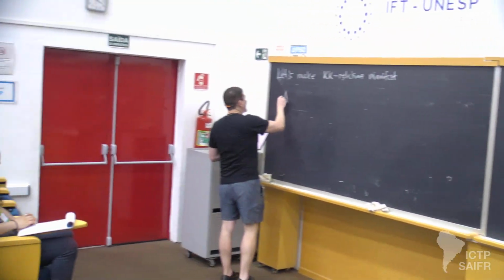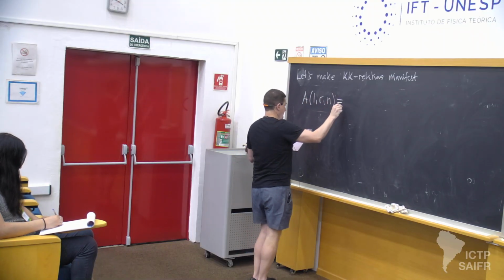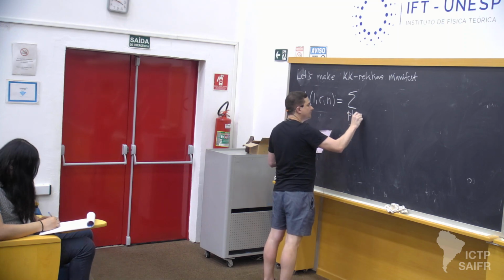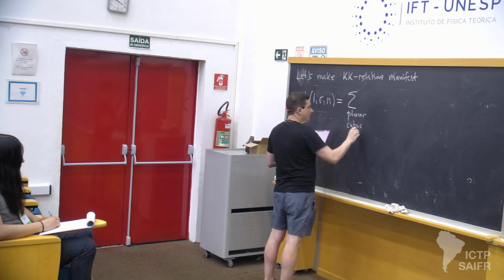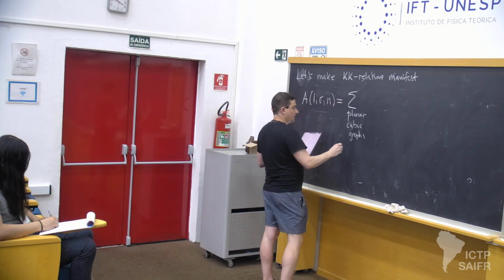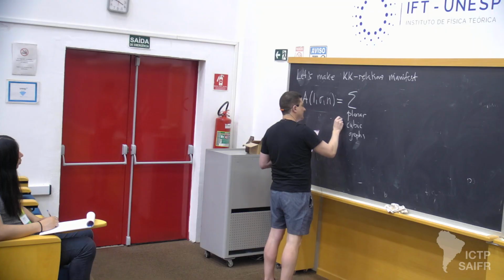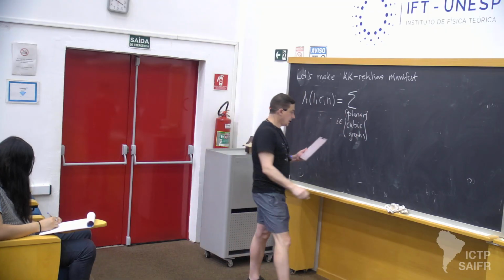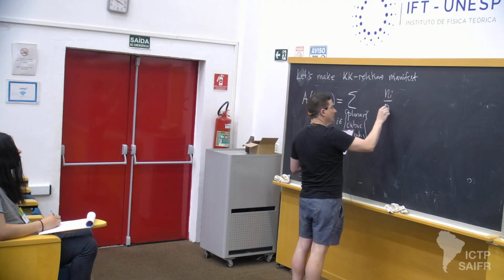So let's write our amplitude A(1, sigma, n) as a sum over planar cubic graphs. I'm just going to denote that with, well, let's say i belongs to the set of planar cubic graphs. So we have some numerator, and we have some denominator for each graph.